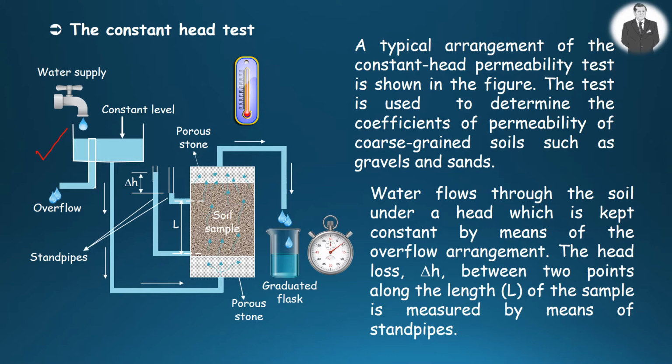In this arrangement, water flows through the soil under a head which is kept constant by means of an overflow arrangement. Excess water is drained through this pipe to keep the water level in the tank constant.